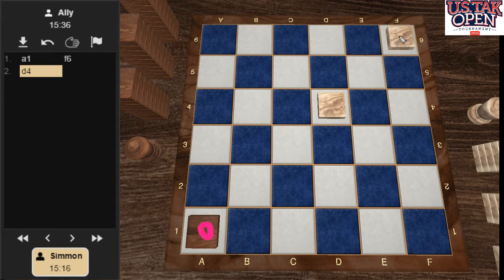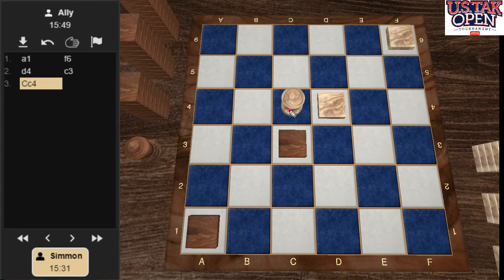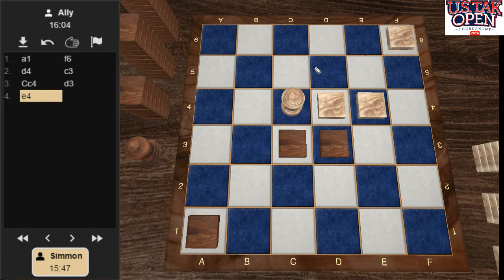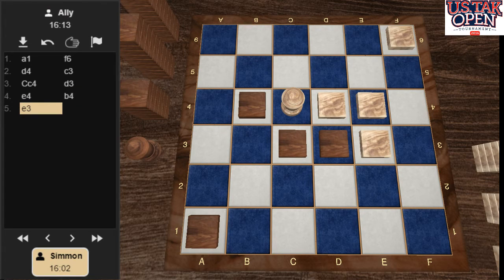So A1, F6. Now this, they are mirroring. So Ally, ooh, immediate turn 3 capstone. Simmon opting not to bring the cap out so early. So it looks like Ally's planning to just throw it all in on his initial tech and his initial road threat, which is probably the way to go. He wants to win fast and decisively.